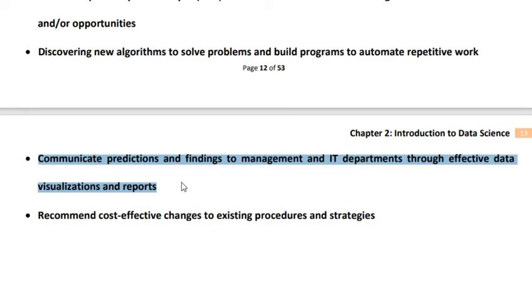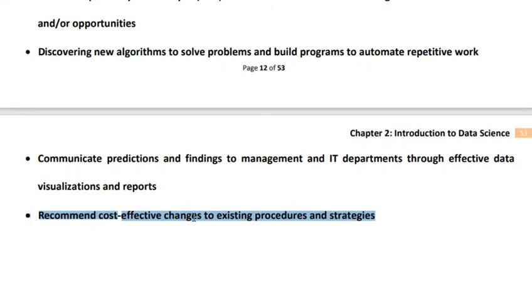Then eventually, recommend cost effective changes to existing procedures and strategies. This also is very much important, and calls for a degree of innovation. One should be capable of recommending periodically the necessary changes in the existing procedures and strategies to refine the business.